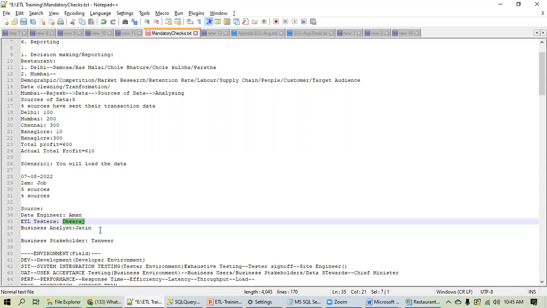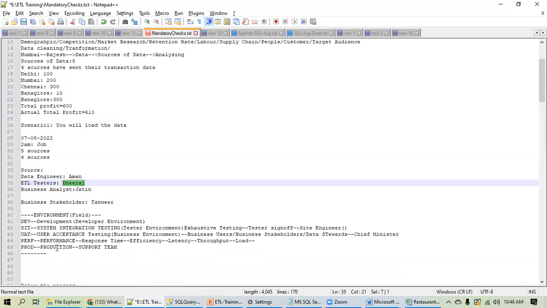So those companies who are perfectly following an ETL or agile methodology, you will see at the end of each and every sprint, you'll have a defect call, and your project manager will list out all the defects which have slipped to the production, and they will do the root cause analysis of why this defect slipped to the production. Because if any defect is getting slipped to the production, first of all, is the production environment clear to you?